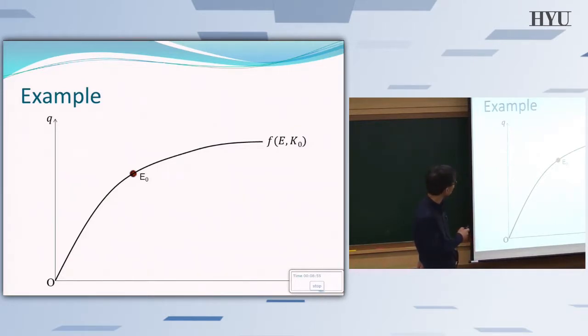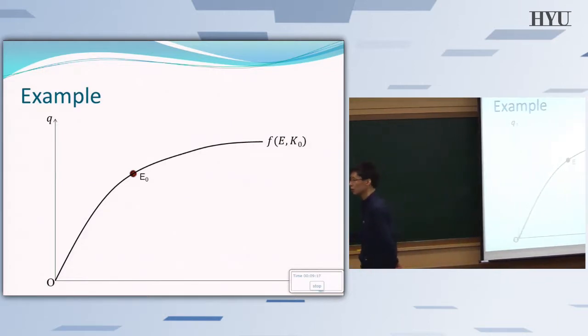So this production function shows the relationship between labor input and output. And it has this shape, with a decreasing slope, because of the assumption of what? Diminishing marginal product of labor.